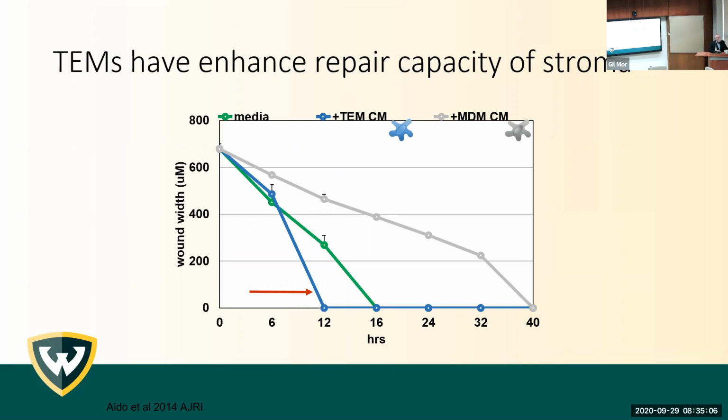Just in media, a cell repair will take around 16 hours. But in the presence of M1 macrophages induced by differentiation with GM-CSF, the time of repair is delayed significantly. So M1 macrophages are not good for repair. They are more for protection against infections. On the other hand, the trophoblast educated macrophages have a high capacity of repair.